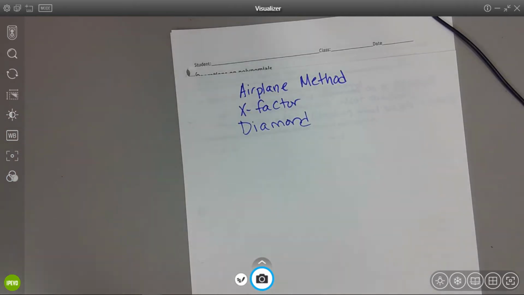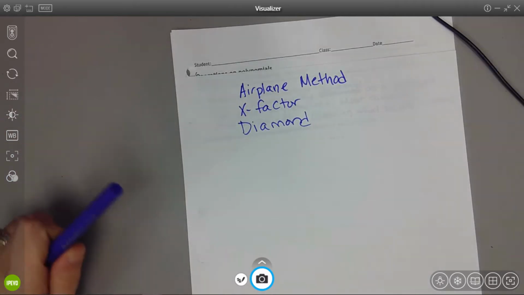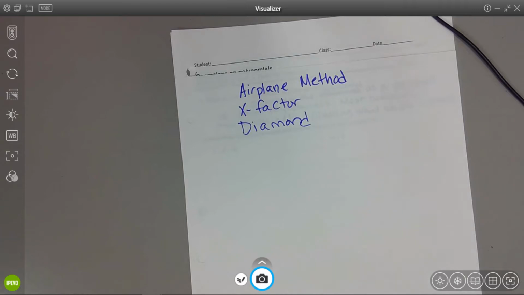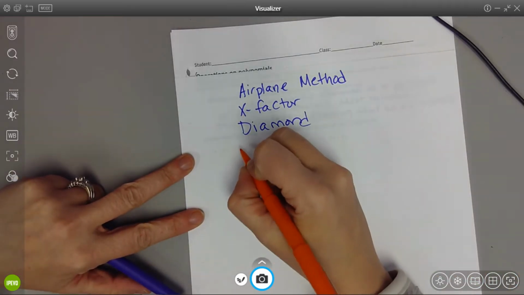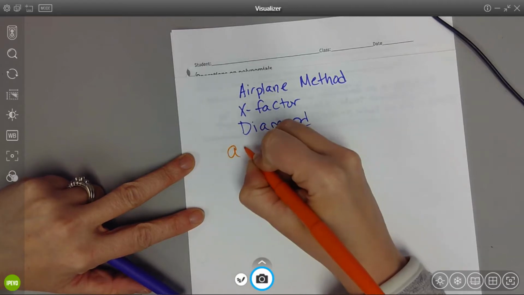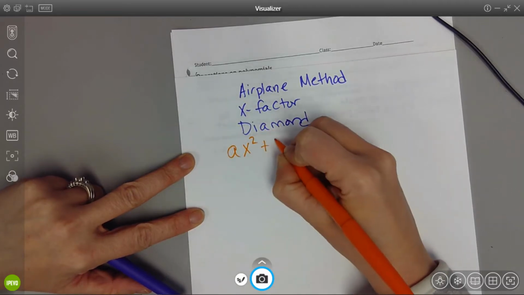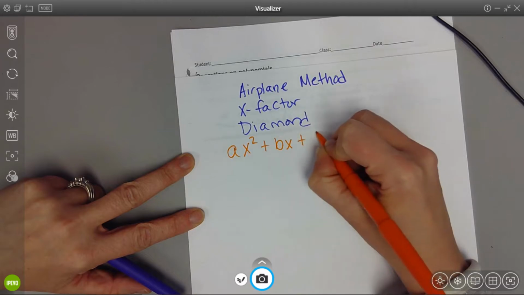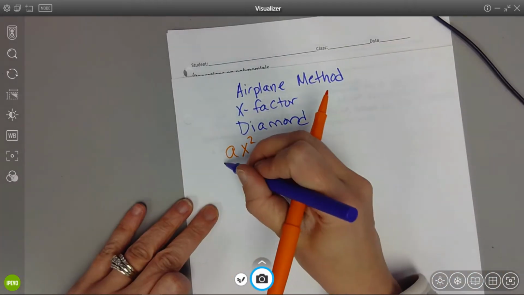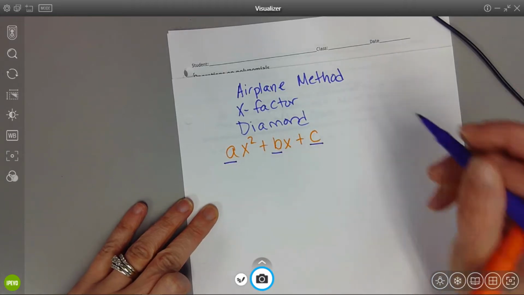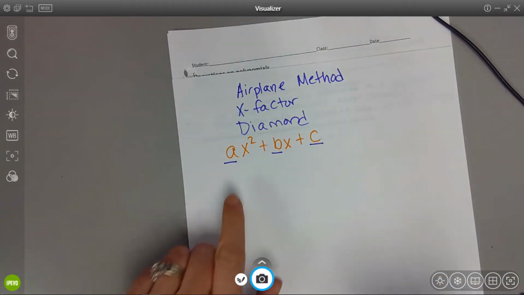The biggest thing I want us to take note of here is that when we have a quadratic, it's always going to be in the form of ax squared plus bx plus c. You always want to make sure it's in this order. Your a, your b, and your c are going to be plain numbers.